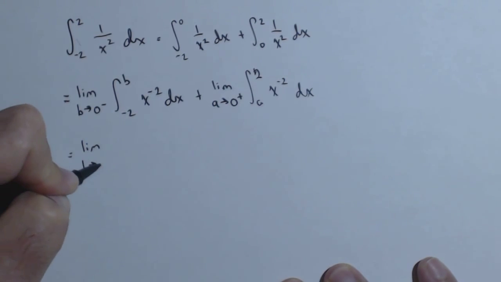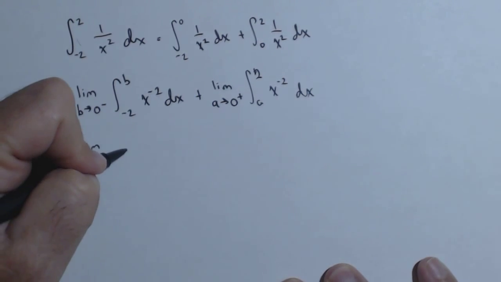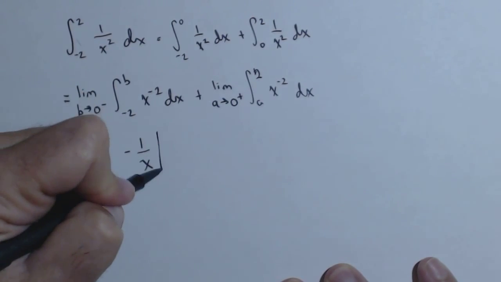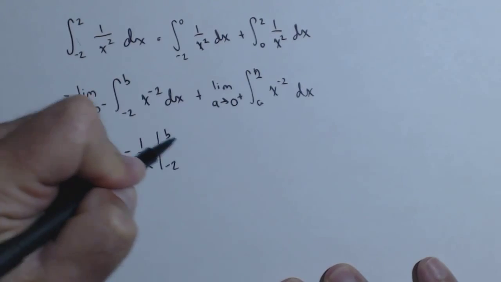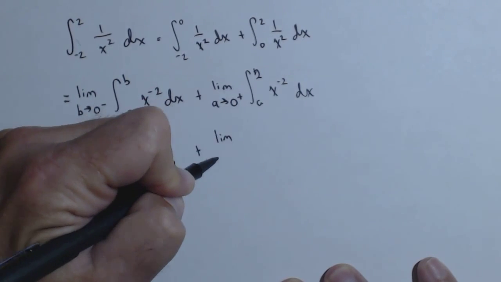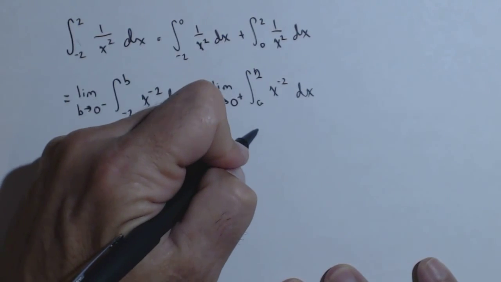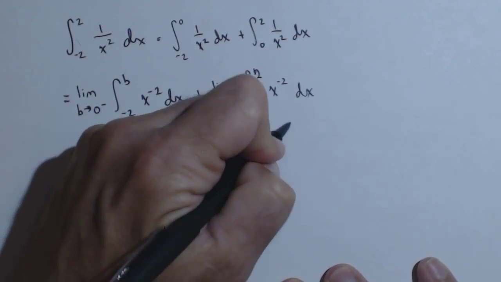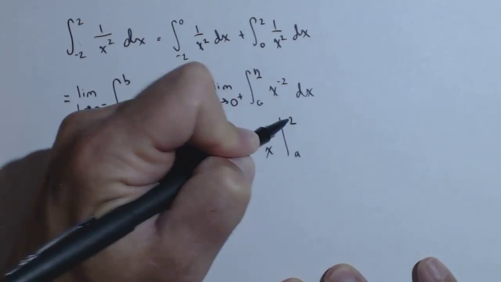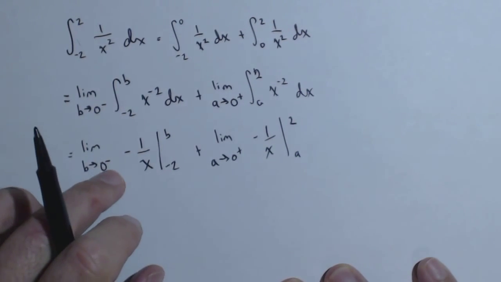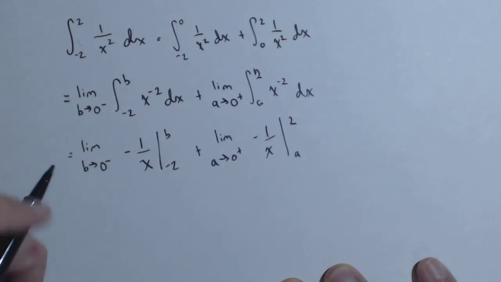Limit as b goes to 0 from the left, this is going to be -1 over x, the antiderivative, from -2 to b, plus limit as a goes to 0 from the right of -1 over x from a to 2. I'm going to go ahead and plug in our limits, but you might already see what's going to happen. When we go to 0 from the left or from the right, both of these are going to blow up to infinity.